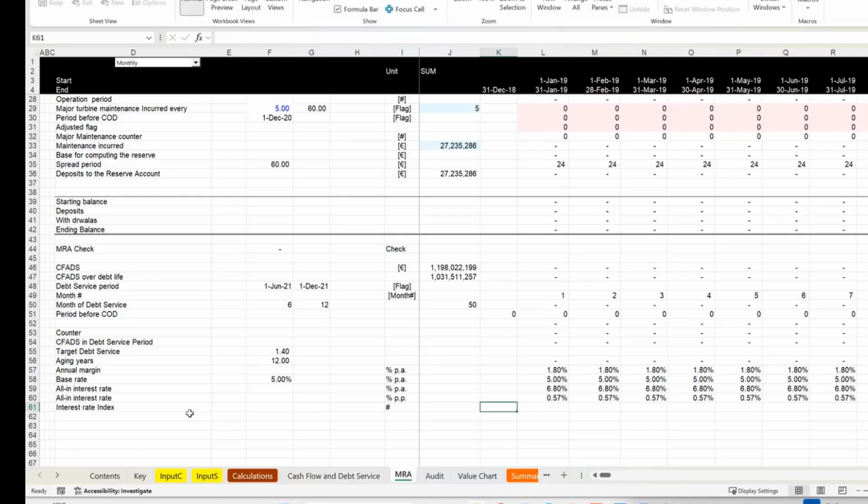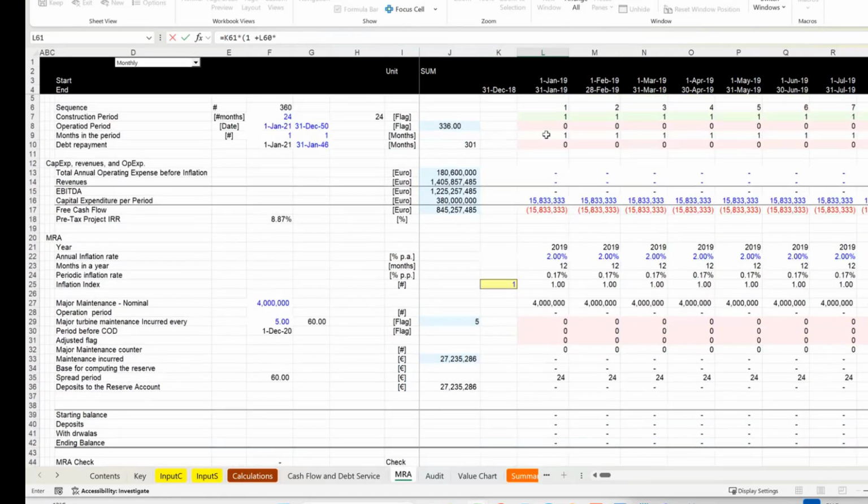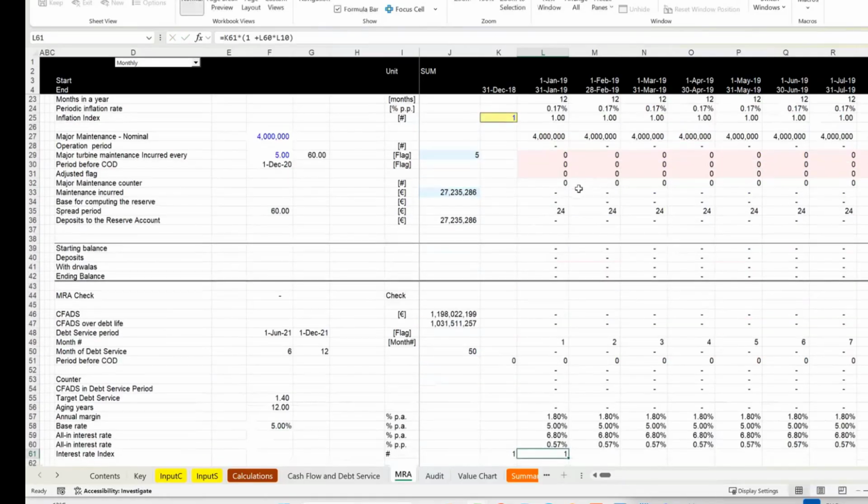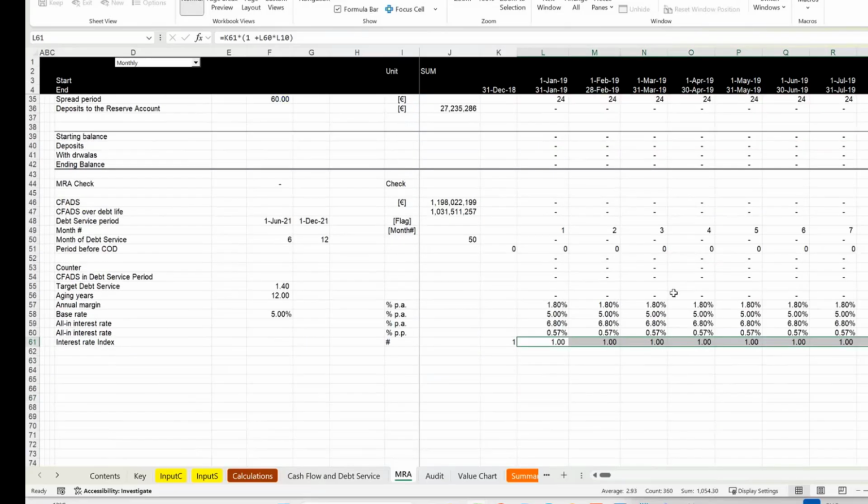Put an equal sign, go back to the 1. Open the bracket, multiply, open the bracket 1 plus, but multiply that by the debt repayment period. Or the operation period would be fine as well. Okay, very good. And copy that one across.